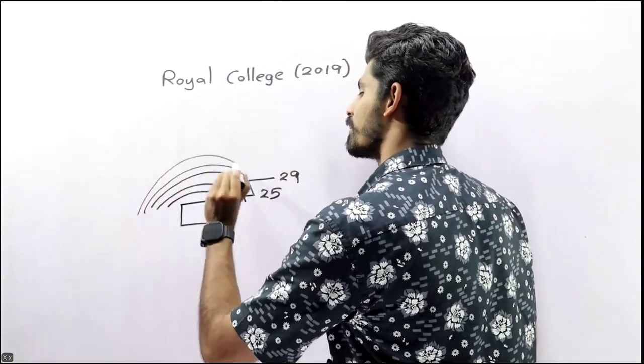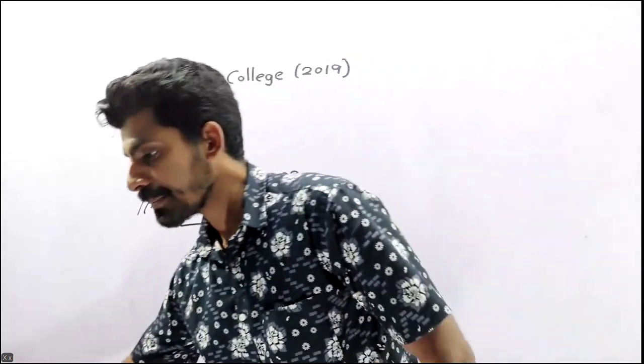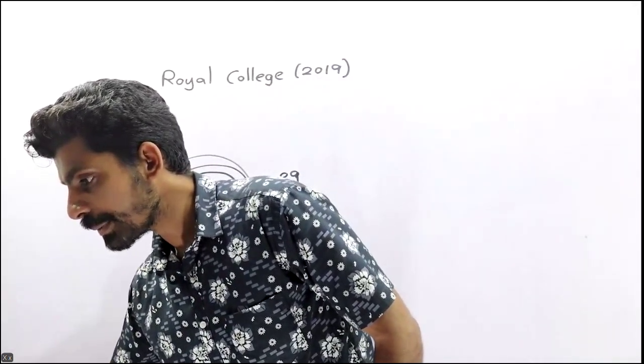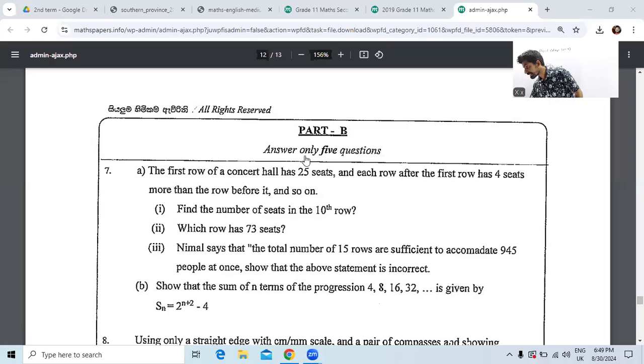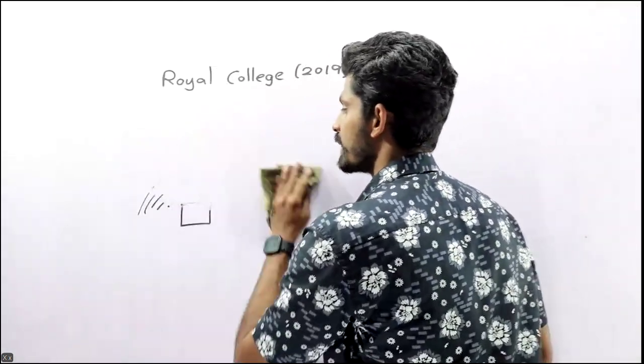Just a seating plan of an auditorium. Let's identify the progression. 25, then 4 seats more than the row before. So 4 seats more means 25 plus 4. Let's write down the progression.